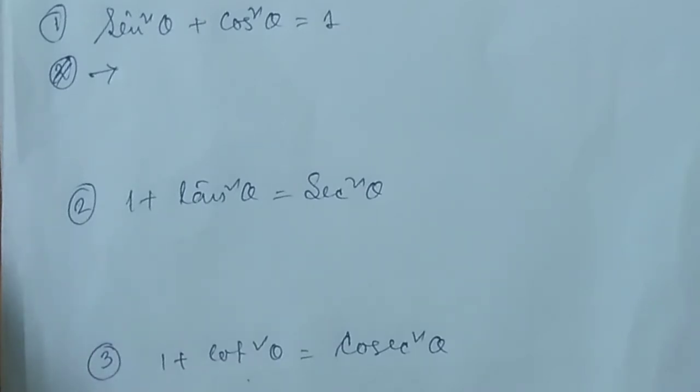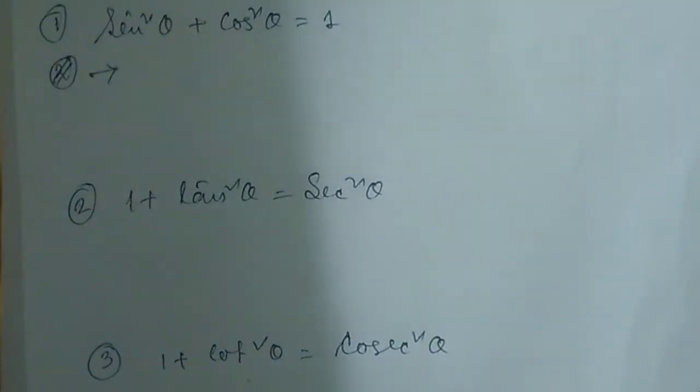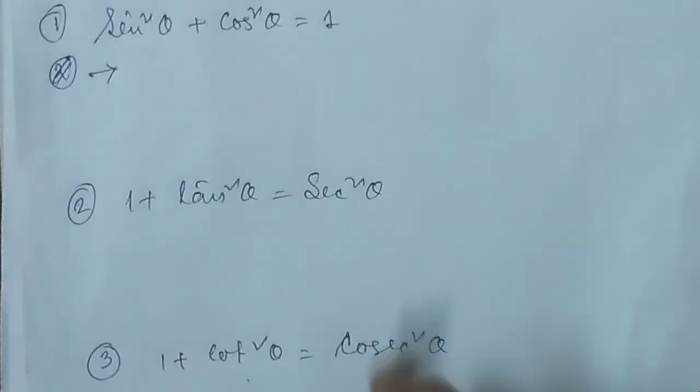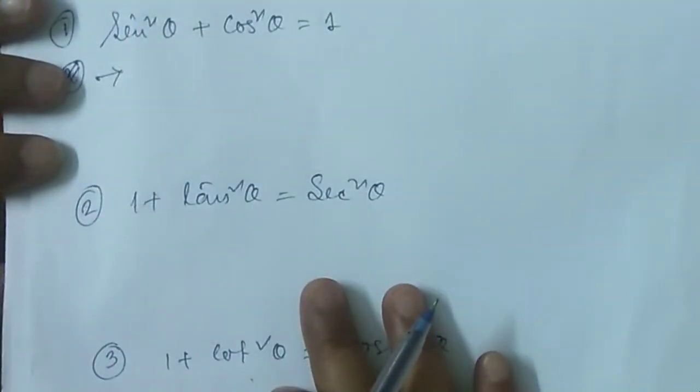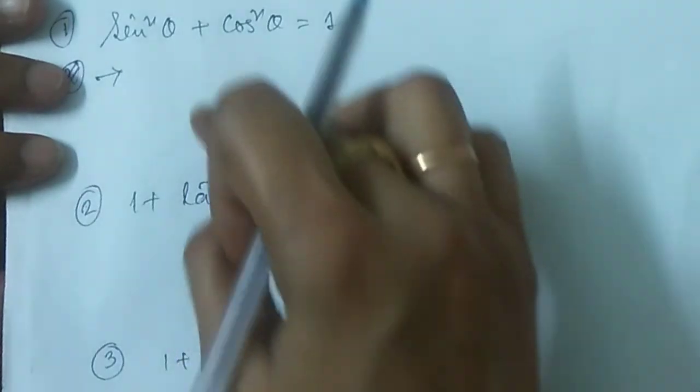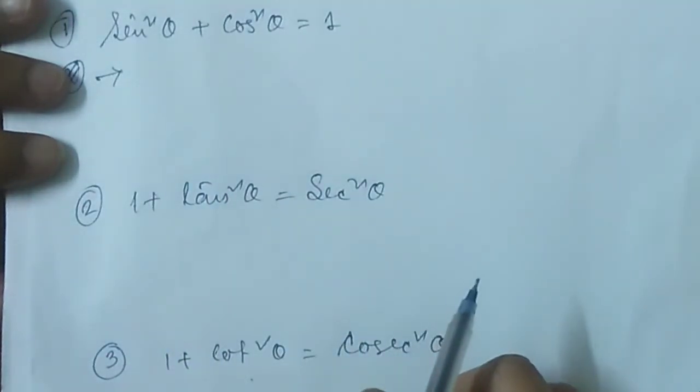For the chart of angle measurements: sine 0 is 0, sine 30 is half, sine 45 is 1 by root 2, sine 60 is root 3 by 2 and sine 90 is 1. Then the rest have to be calculated. If you know these three identities, others will come out automatically.